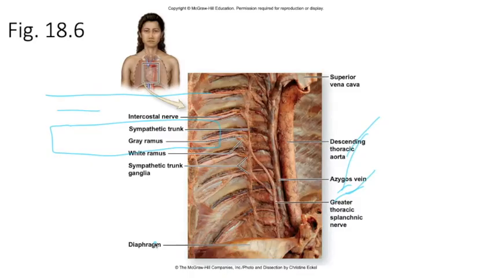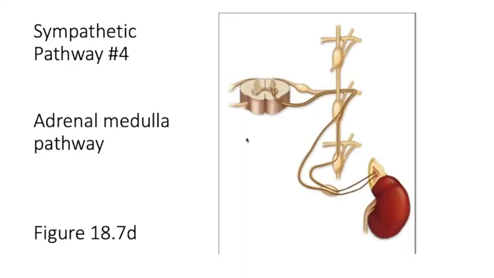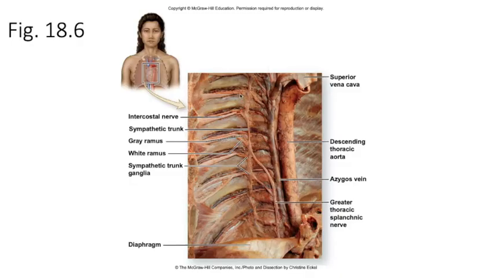I actually have an example of that. Look at this mess. Back to this photo again. This is where we had our, oops, my apologies, our white and gray rami right there that lead to the sympathetic ganglion. There's another one. So we have all these sympathetic trunk ganglia. And then you can see these coming out of the sympathetic trunk ganglia.